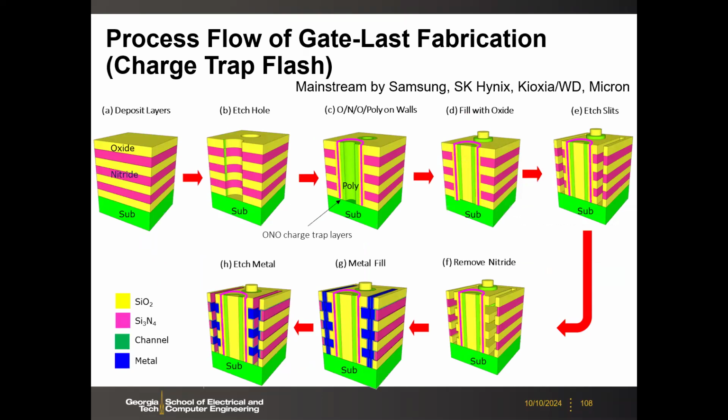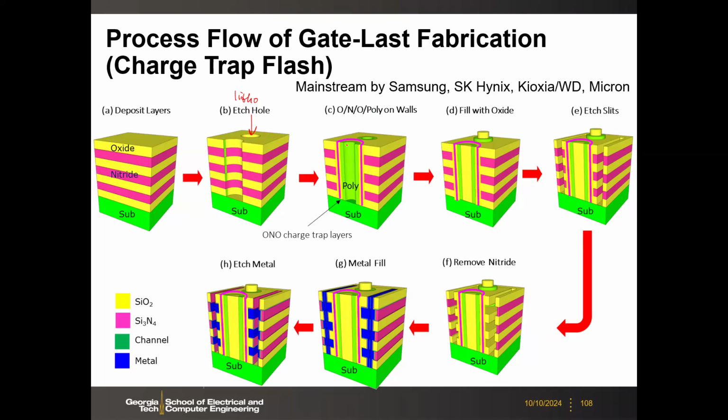So you deposit multiple layers, the oxide and the nitride sandwiched, many layers. Then one litho step here, right? This litho. You define this hole by litho, and then etch through many holes where the strings will stand.